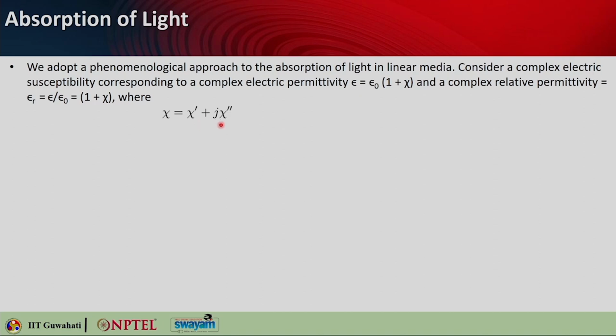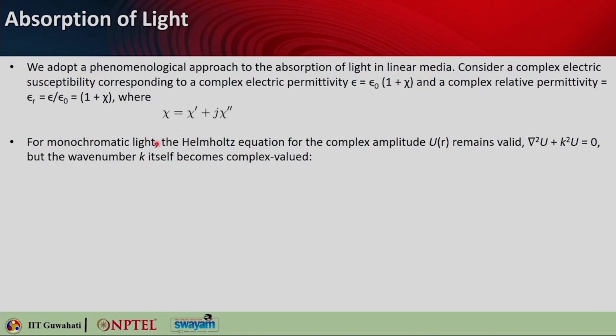Now for any monochromatic light, we have seen that the Helmholtz equation for the complex amplitude U(r) remains valid. So, what will be the Helmholtz equation? You can write as del square u plus k square u equals 0, just that in such a medium, it's a lossy medium.